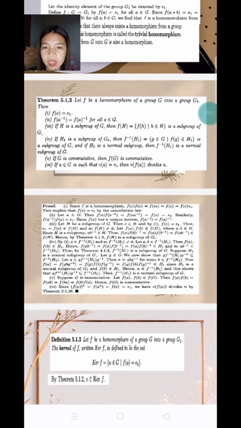Number 6, if a in G is such that the order of a is equal to n, then the order of f of a divides n.